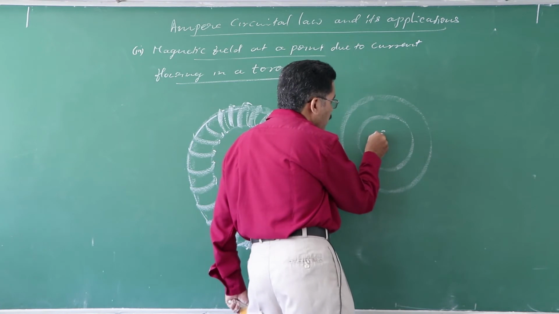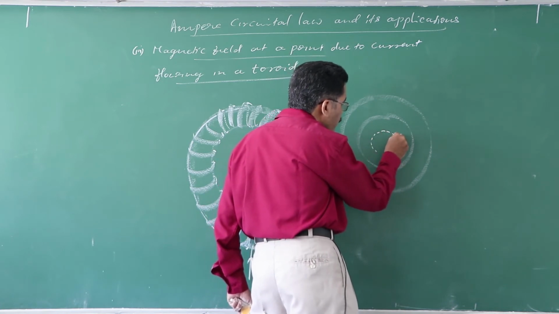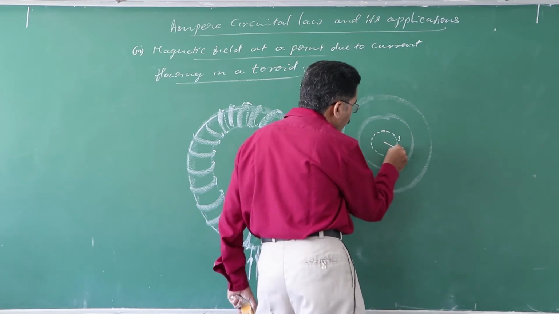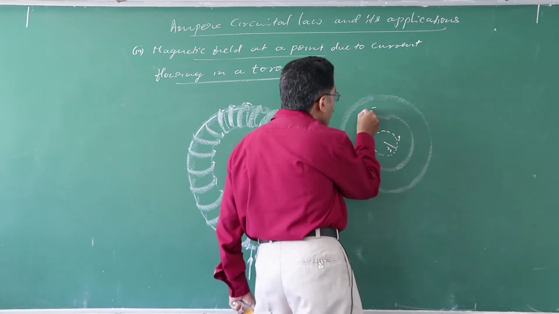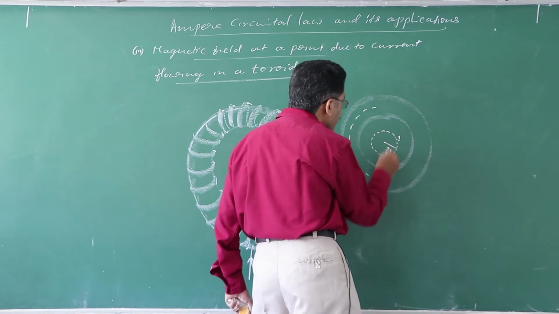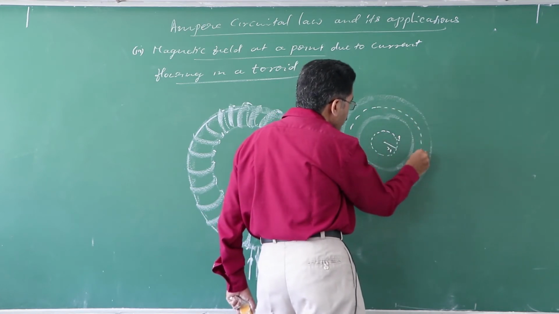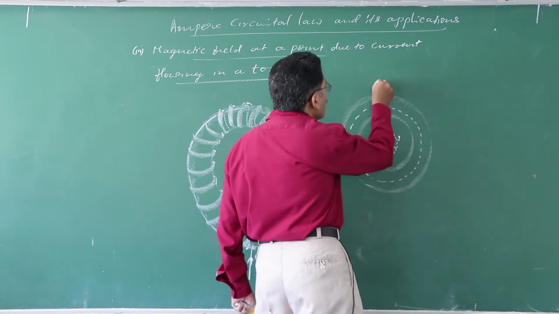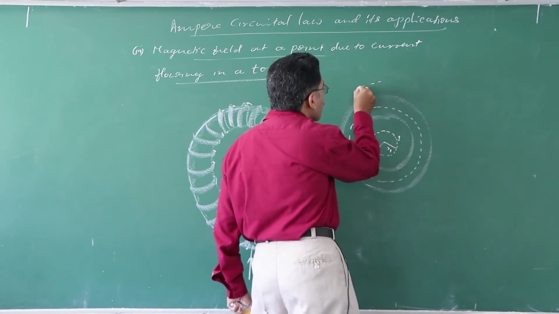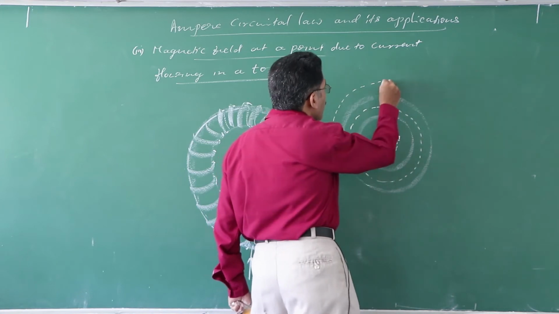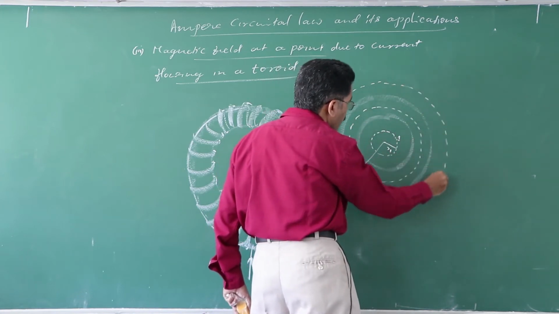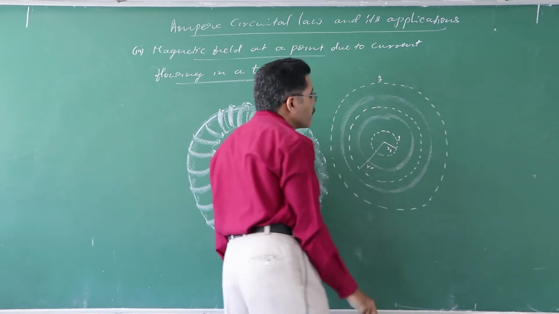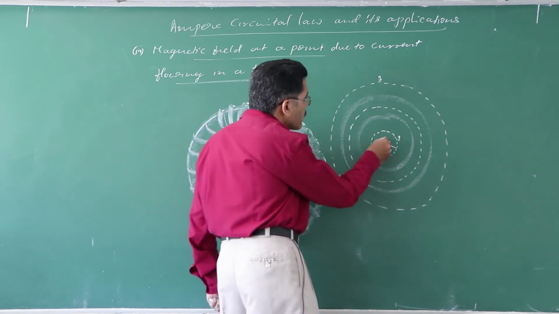See here, I take one Amperian loop, loop 1, with radius R1. This is another loop, R2. Let me take another loop here, loop 3, and the radius is R3.